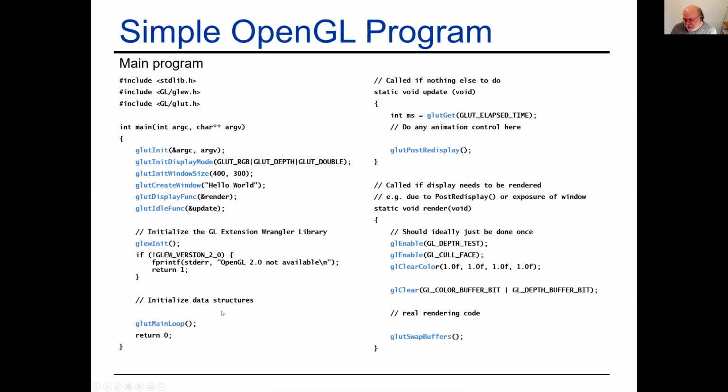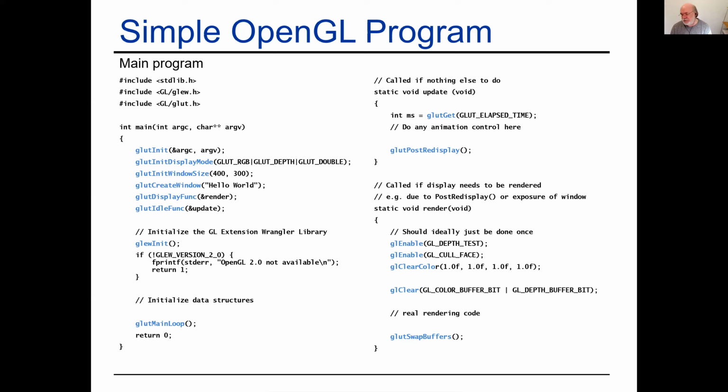So it also runs. And then you have the main loop, which essentially GLUT takes over now and just waits for things to happen or time to pass, and it will call back into the application, specifically these two functions, update and render. Right. So for update, we ask GLUT how much time has elapsed since the last time we asked for the time. And then we could animate the scene here, right?